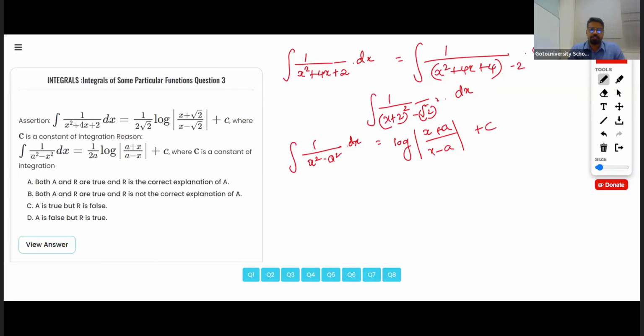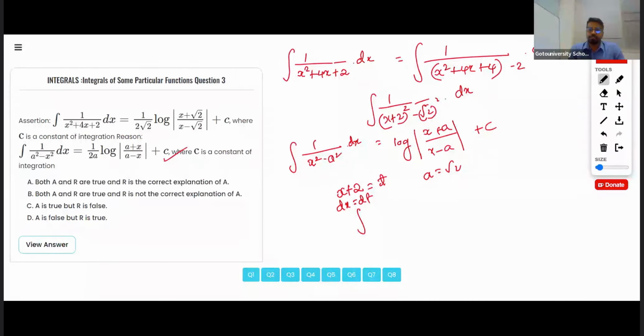Okay, if you change the direction, it will also change. So it may go right with the reasoning, but when we solve this, we are going to replace x plus 2 by what? T. So then a will be what? Root 2. Okay, so when you substitute this, dx is equal to dt.